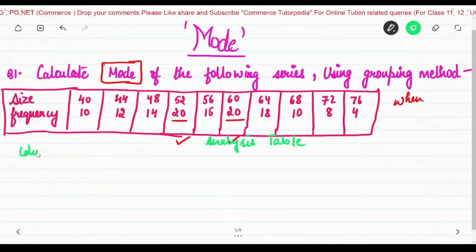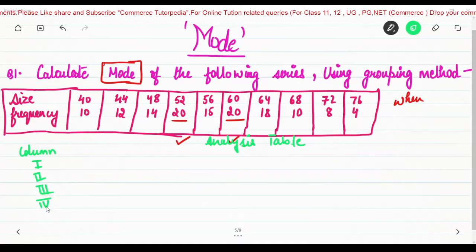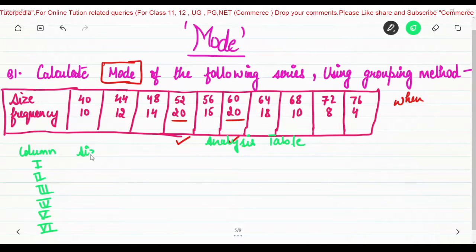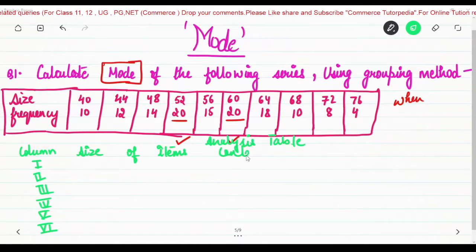We had 6 columns: first, second, third, fourth, fifth and sixth. Here we will write the size of the items containing frequencies.